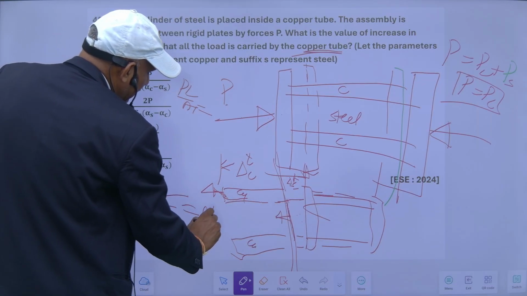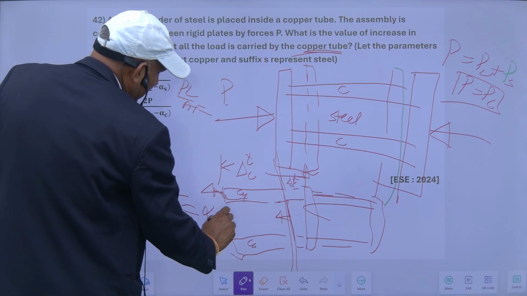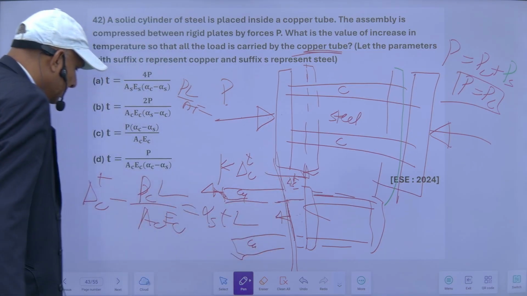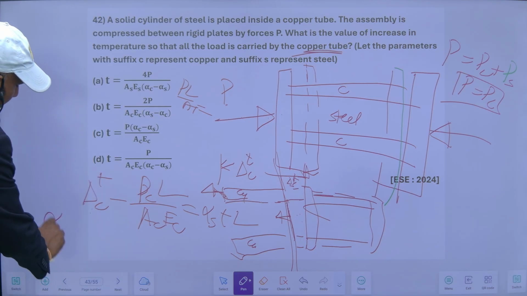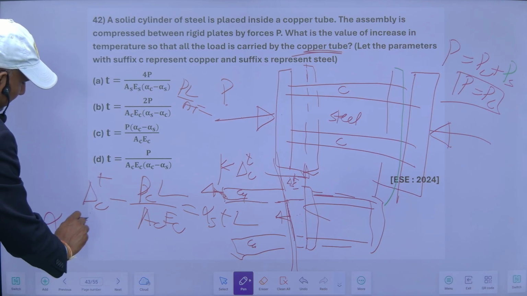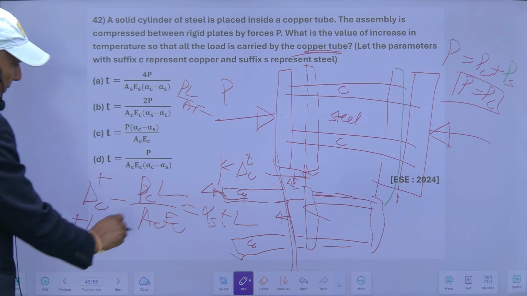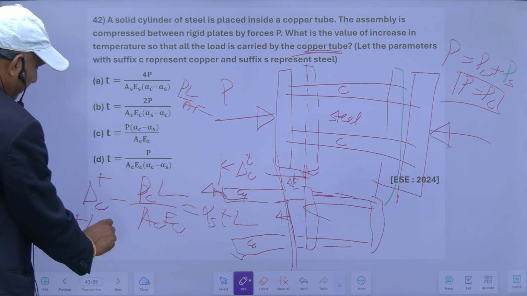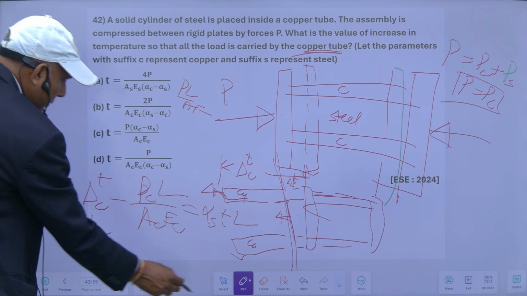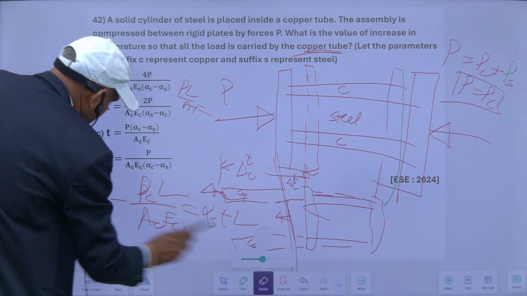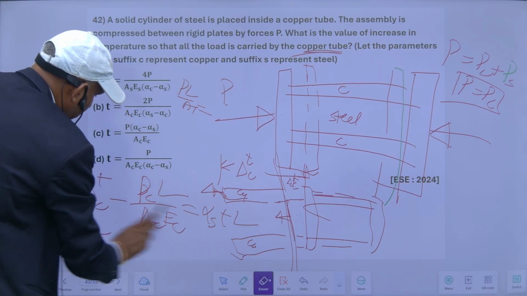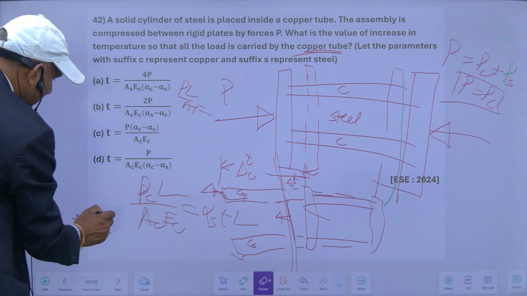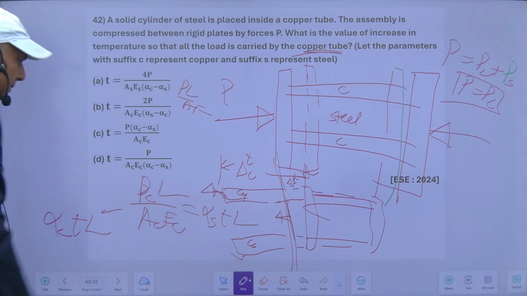Delta in steel is equal to alpha S into T into L, and delta in copper due to temperature is equal to alpha in copper into T into length, minus this one. So basically this minus this is equal to this one.